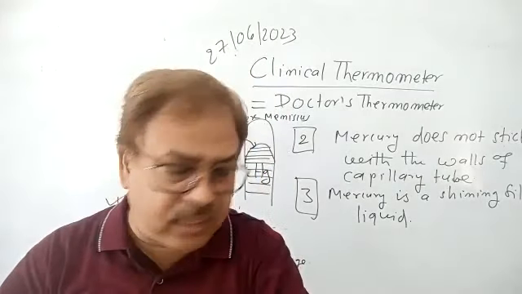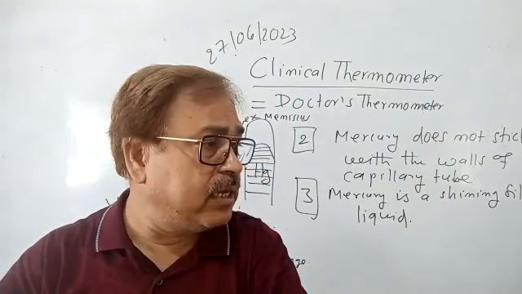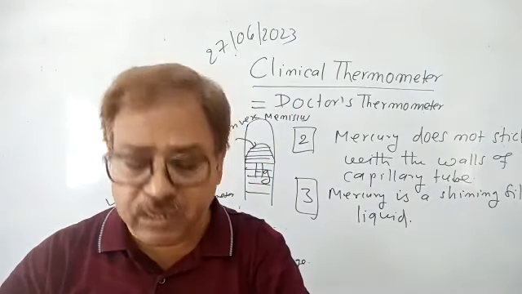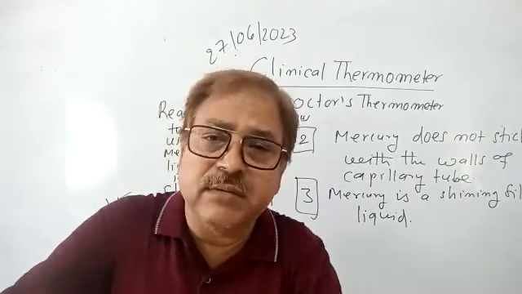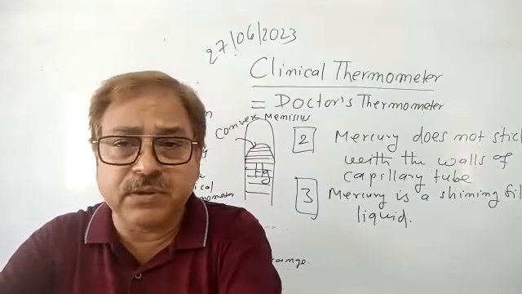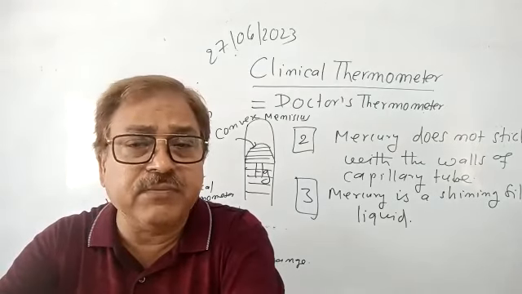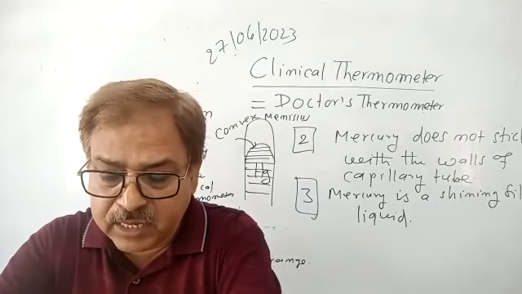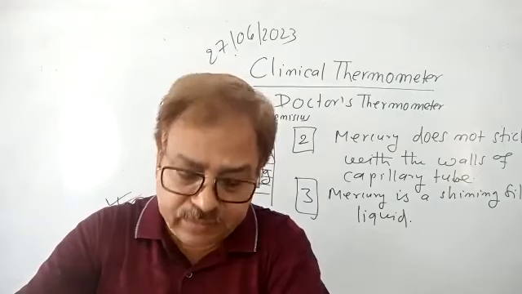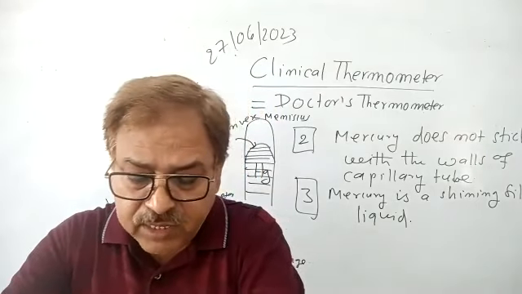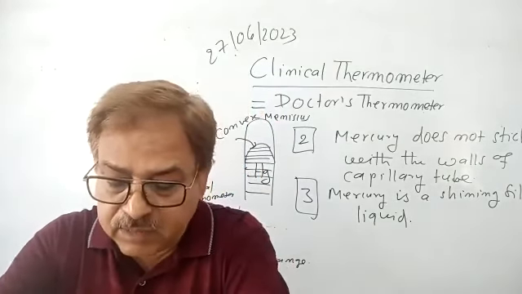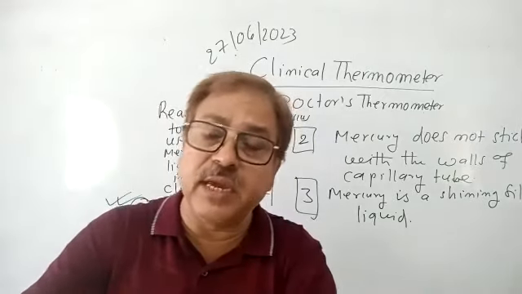Now the other thing is that when heat is supplied to any object, there is some transfer of heat also. When one end of a metal rod is put in the flame, the other end also becomes very hot. When a glass of hot water is left on the table, it becomes lukewarm after some time.